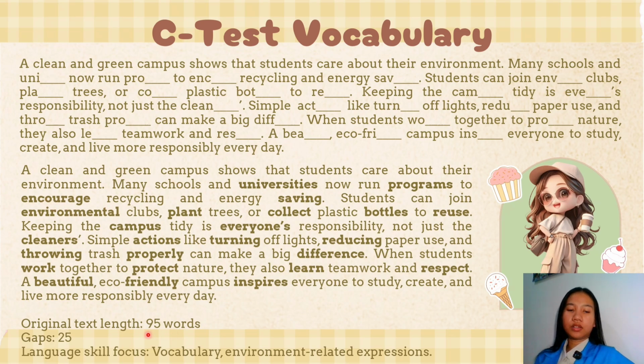The original text length is 95 words, with 25 gaps also, and the language skill focus is vocabulary and environment-related expressions. The topic of the campus environment encourages students to think about real-life situations in school. It's simple but meaningful, and it helps evaluate their ability to use everyday academic vocabulary.